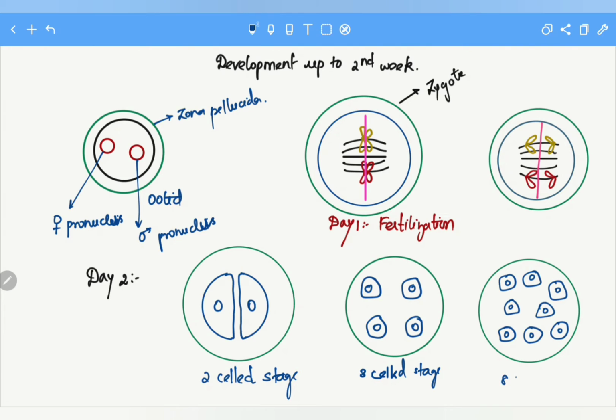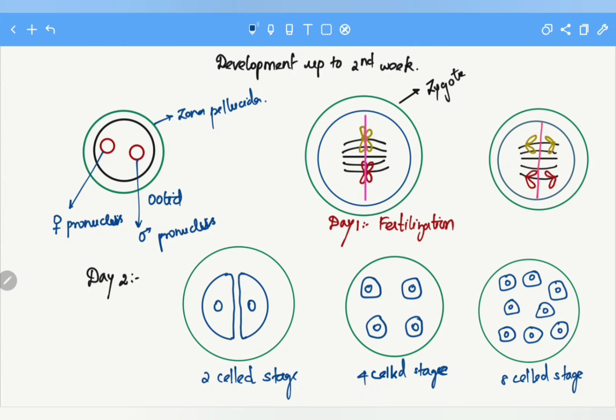So this is the 4-celled stage, and this is the 8-celled stage. What happens on day 2 is that the 2-celled stage undergoes cleavage to form 4 cells, and the 4 cells again undergo cleavage to form 8 cells. All these happen on day 2 itself.